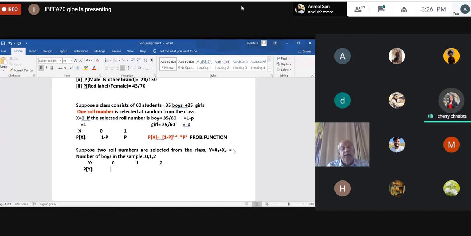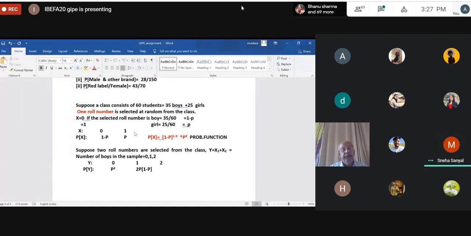It would be 1 minus p squared. So I have to show this as girls. P square would be P square. Boy, 1. That means 2p multiplied by 1 minus p.